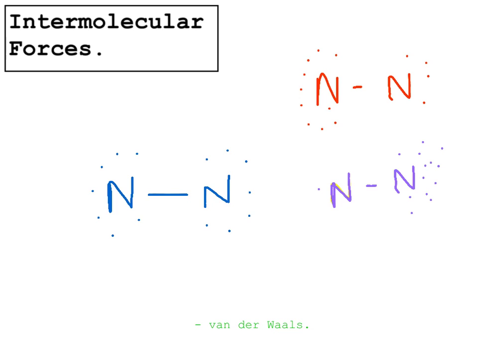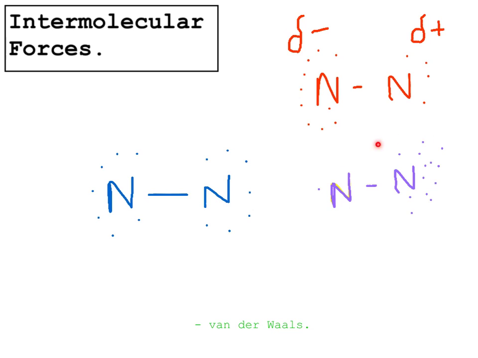And the letter we use to show slightly in this case is delta. So we write it like this. This side is going to be delta negative, and because the right-hand side of this molecule has less electrons than the other side, it is relatively slightly positive. This side is going to be delta positive.